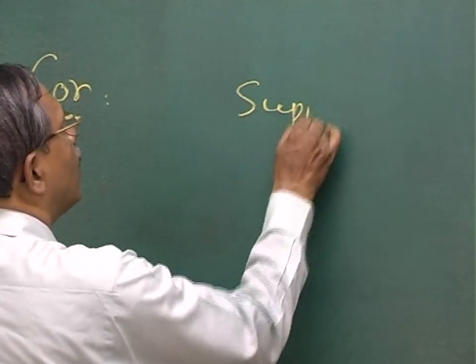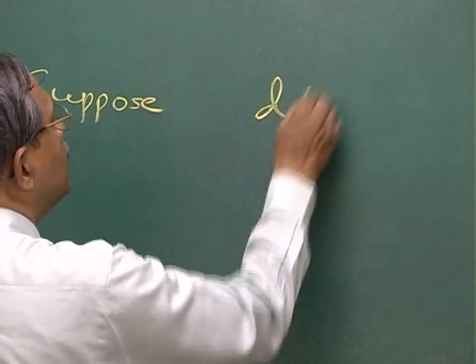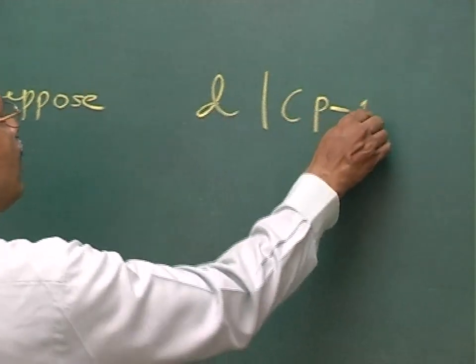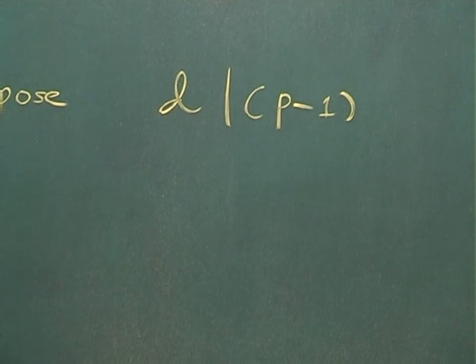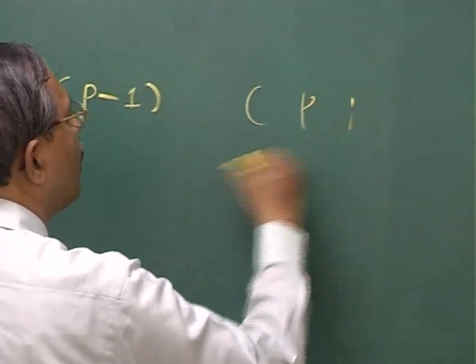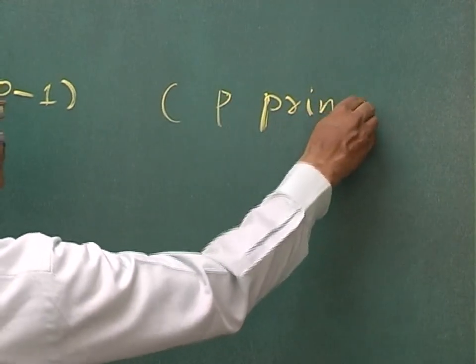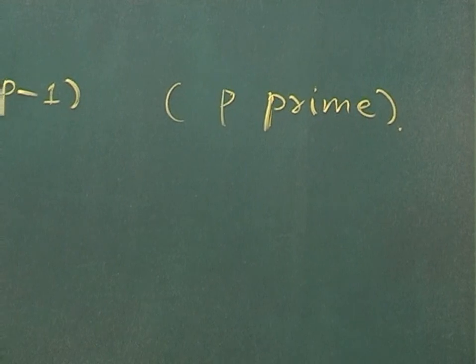Suppose d divides p minus 1. P is a given prime and d is a divisor of p minus 1.